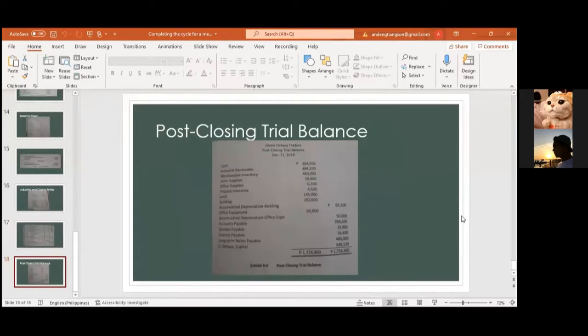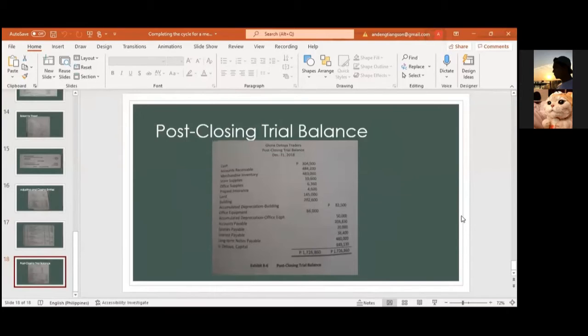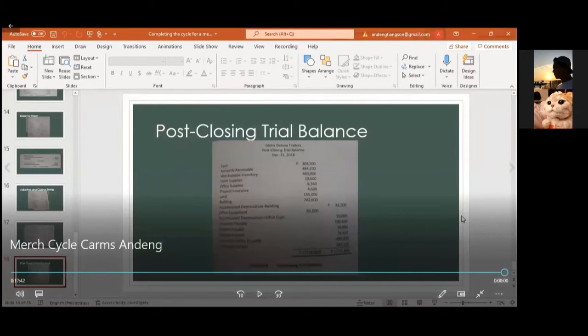Merchandising accounts of inventory and other supplies are asset accounts and will appear in the post-closing trial balance, provided that there is still a balance on those accounts. Accounts in the post-closing trial balance are the basis for compiling the balance sheet. And that will be the end.